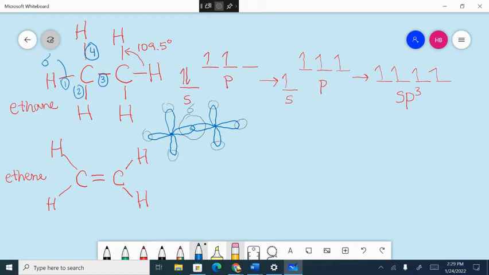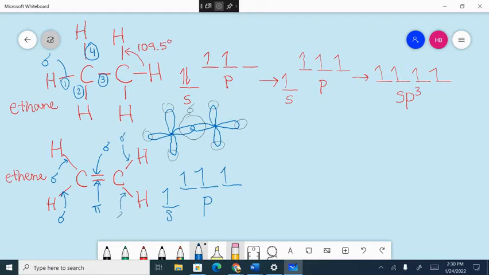Okay, so in this case, let's get ourselves prepared for bonding. In this case, we don't have 4 sigma bonds. This double bond is the combination of 1 sigma and 1 pi bond. So each carbon in this particular circumstance has 3 sigma and 1 pi bond.